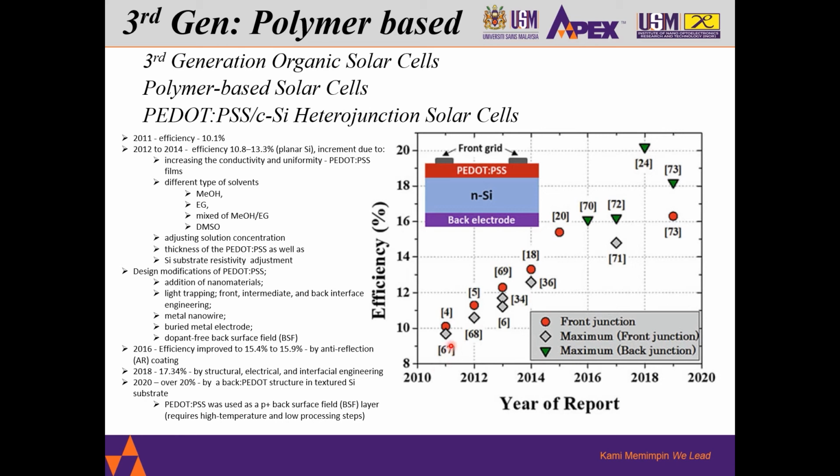The power conversion efficiency of this solar cell was further improved to 10.8% and up to 13.3% with a silicon substrate, by increasing the conductivity and uniformity of the PEDOT:PSS films by employing different types of solvents, for example MeOH, EG, a mixture of both, or DMSO.